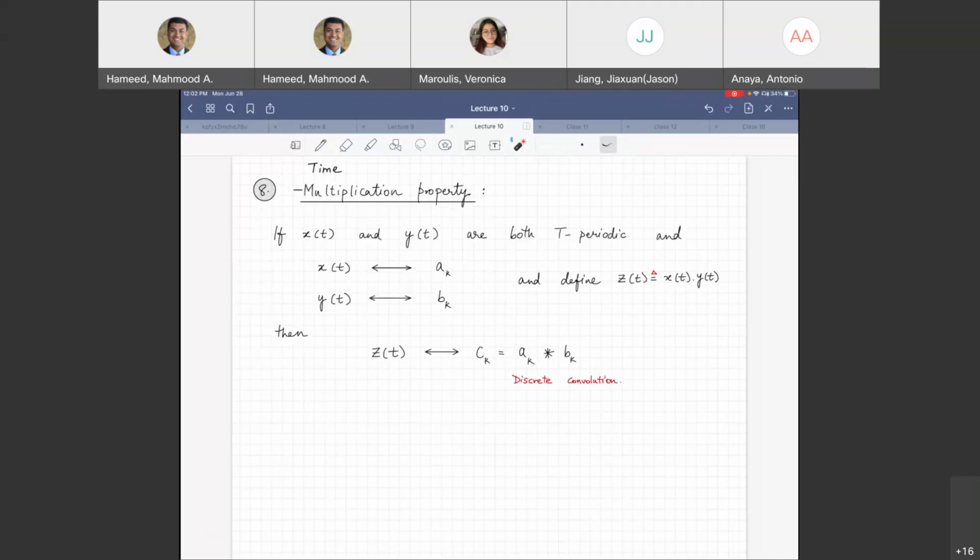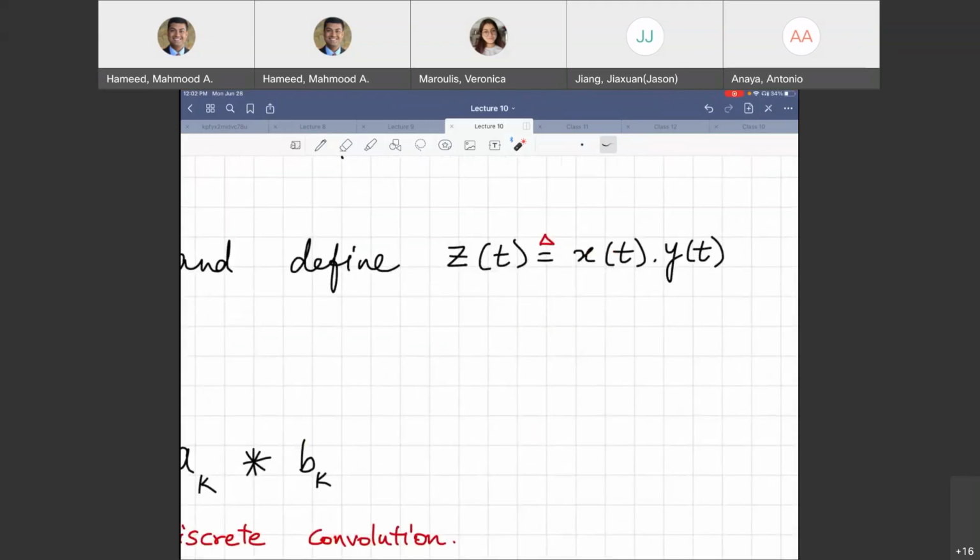You have two signals here, x of t and y of t. Both of them are periodic with the same time period, capital T. Their Fourier series coefficients are a sub k for x of t and b sub k for y of t, and we define z of t as the product of the two signals.